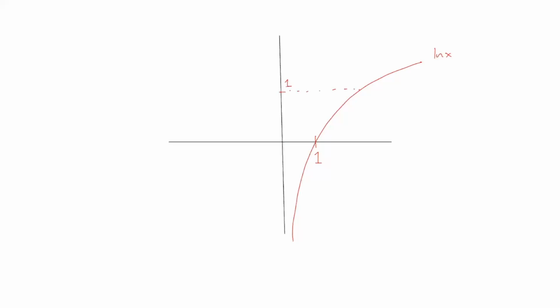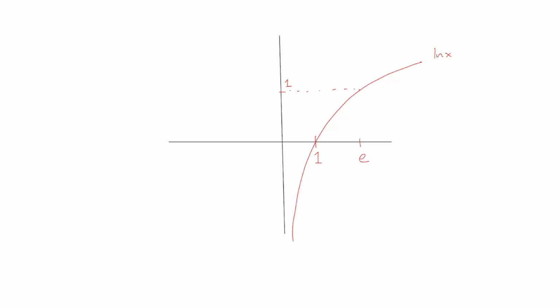This value here is e, and that's the definition of e. It is the x value for which ln of e equals 1. There is some number, and that's the number that we call e. It's an irrational number, 2 point something something. It usually doesn't matter what exactly the number e is. Anyway, this is the function y equals ln of x.